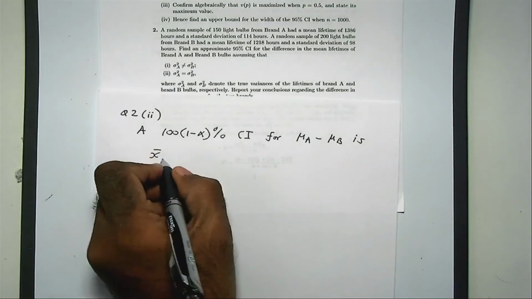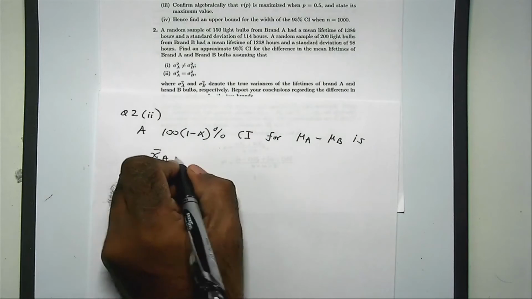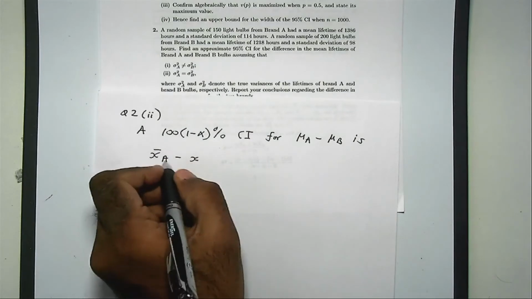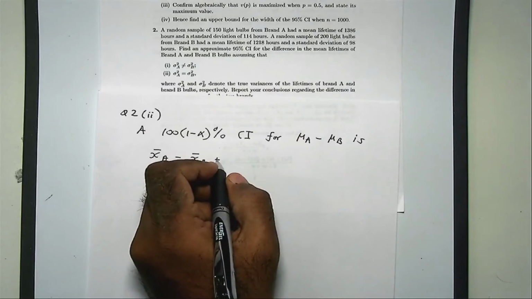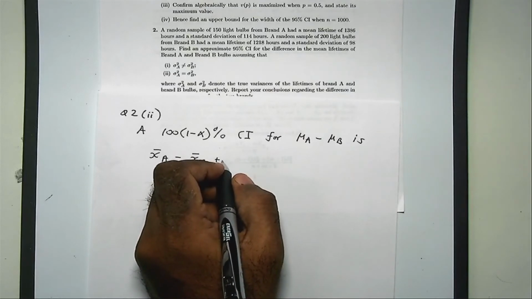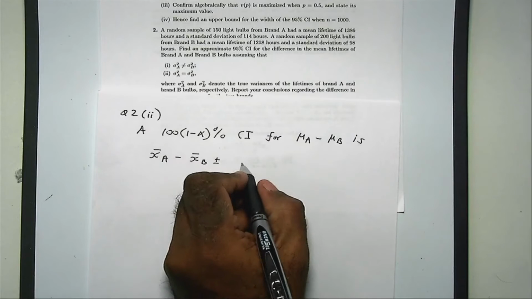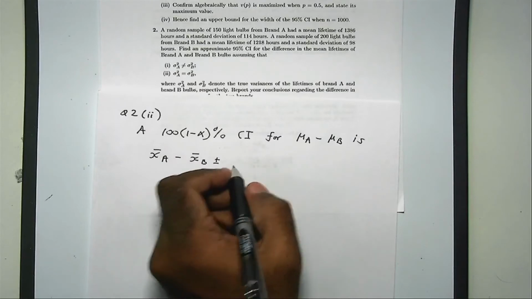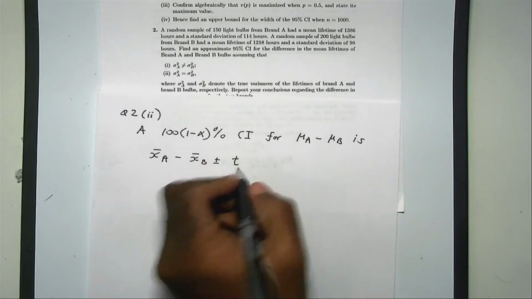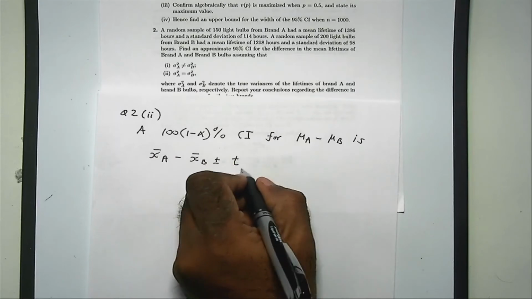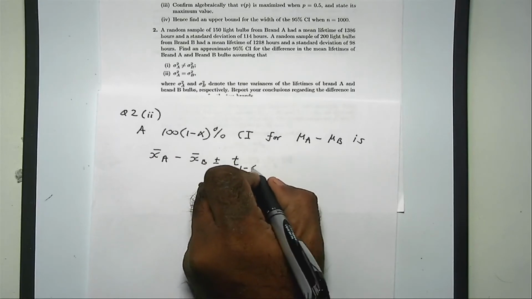This x bar, this is the sample mean for the first, the sample mean for the second, right? We can use the t percentile, but we can also use the z percentile. I will explain in a minute why.